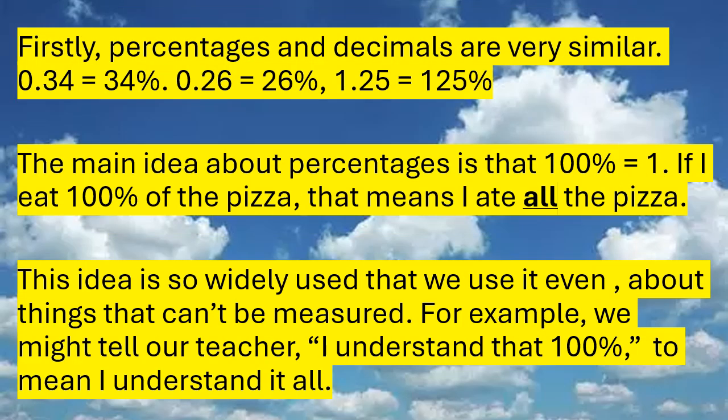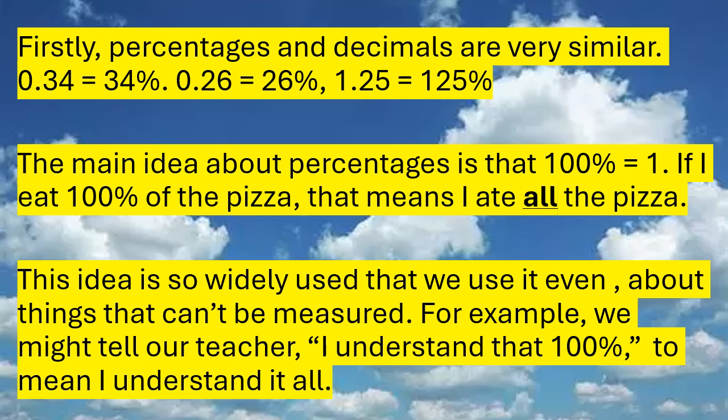Firstly, percentages and decimals are very similar. 0.34, a decimal, equals 34%. 0.26, a decimal, equals 26%. 1.25, a decimal, equals 125%. The main idea about percentages is that 100% equals 1.